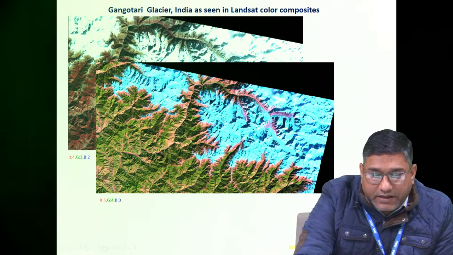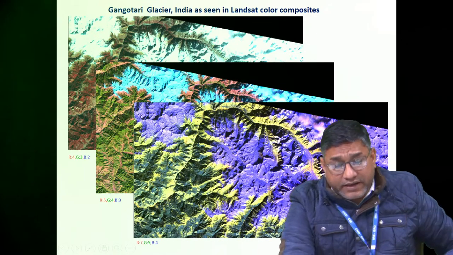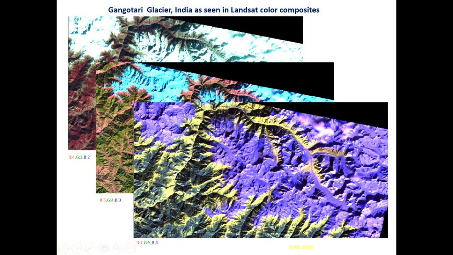So still I can see that these pixels are snow pixels, but there are some pixels of cloud. If I bring SWIR 2 into the analysis and again generate the false color composite, I can see that these are the snow pixels, and there are some cloud pixels present in the image as well. So using the SWIR band, we can separate the snow and the cloud.